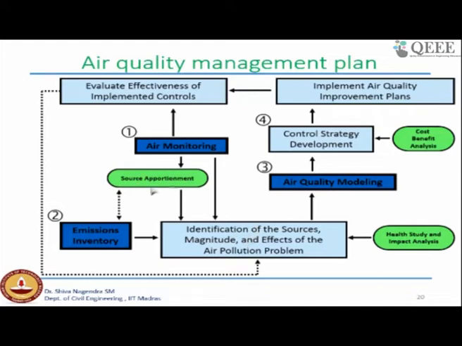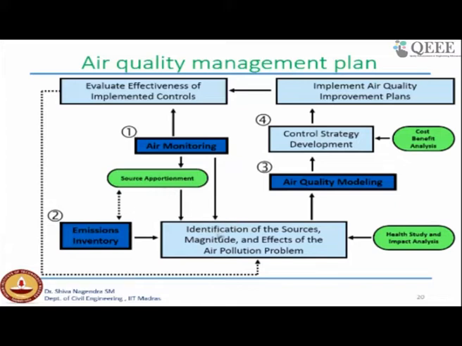The other aspect I mentioned to you is source apportionment. Suppose you have monitoring information and you use filters, and you want to quantify which source is contributing. I mentioned in the earlier slide that there are different sources: line source, area source, point source. I mentioned that 60 to 70% is from line source.